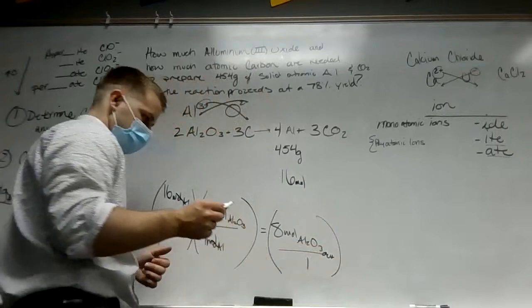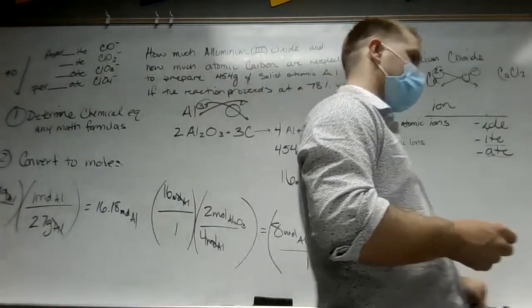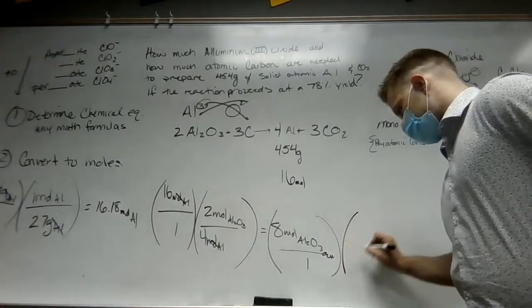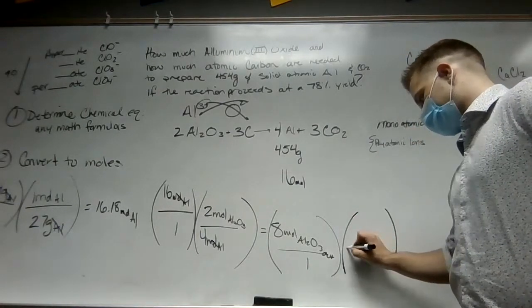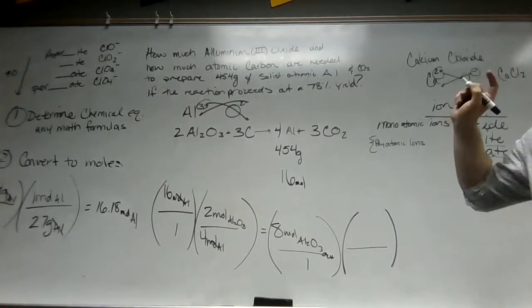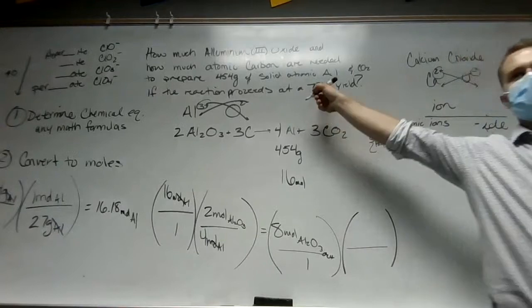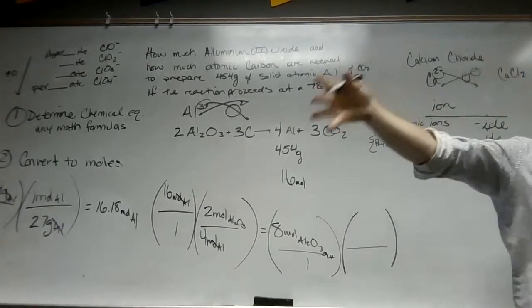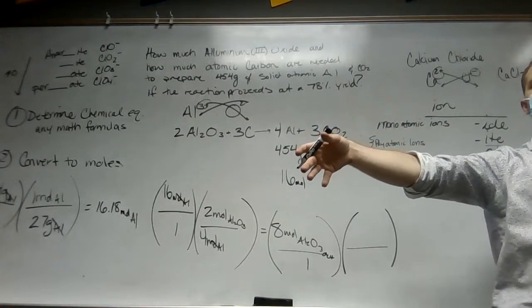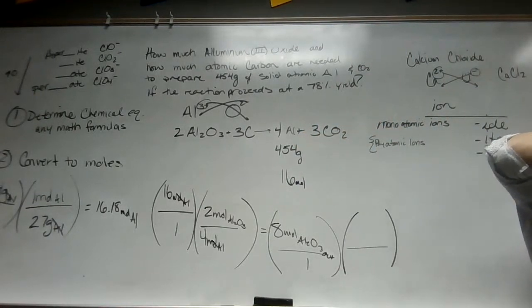It might make more sense once we just do the math of it, but I want to be consistent with the dimensional analysis. So we also know that if we put a 78% yield, what does that mean? If I put 100 grams in, or 100 moles in, I'm only going to get a yield of 78 moles back.